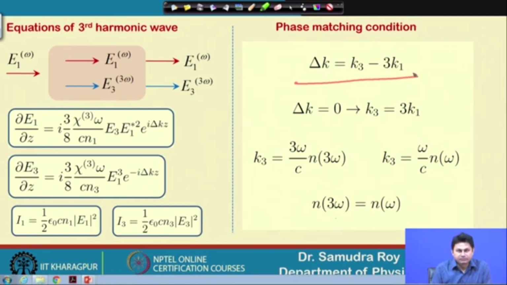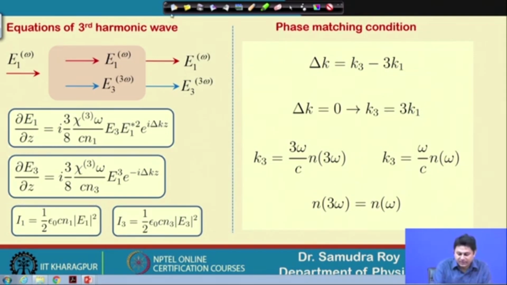For this phase term we have k3 minus 3 k1. For second harmonic generation, if you remember, it was k2 minus 2 k1. k2 was the corresponding propagation vector for the second harmonic wave, and k1 was for the fundamental wave.